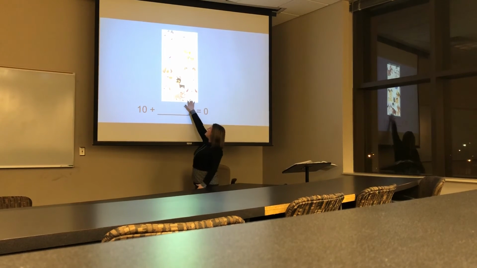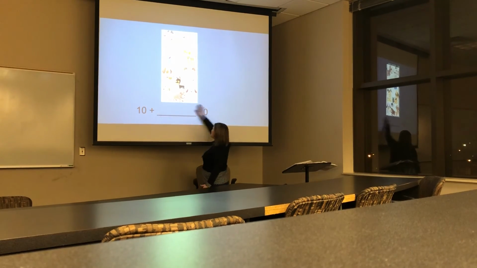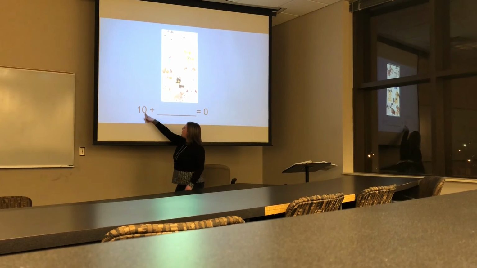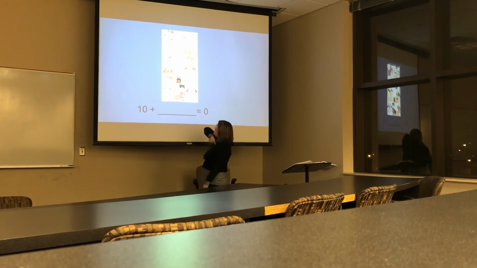So if we have 10 dogs here, what number do we want to put here so we have 0 dogs left? -10. Good, so we're going to have 10 plus a -10 to give us 0.